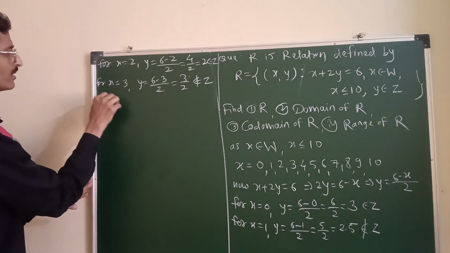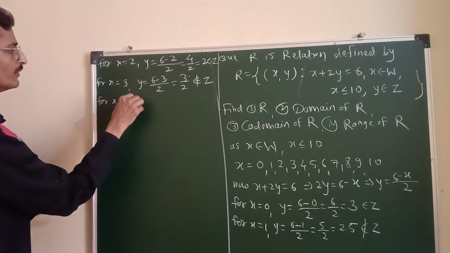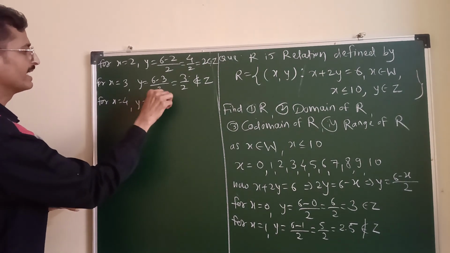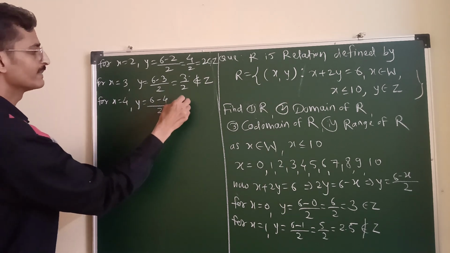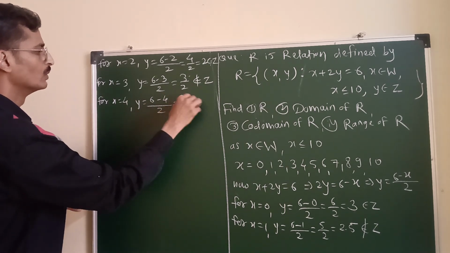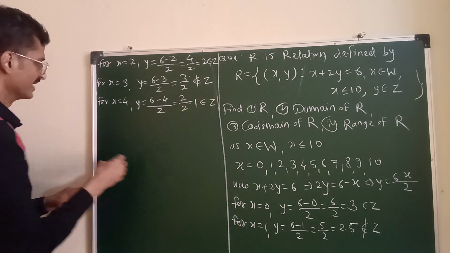Next, for x = 4, y is (6 - 4)/2. 6 minus 4 is what? 2/2, which is 1, which belongs to the integers.